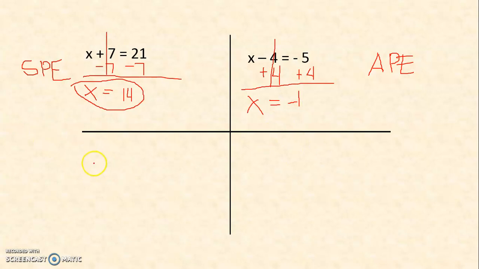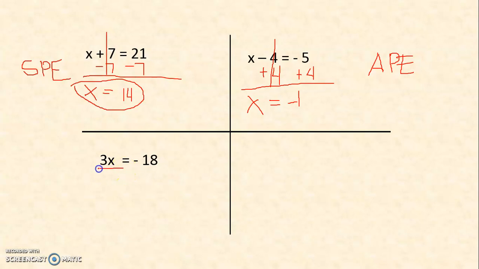The next one we have here, 3x equals negative 18. We're going to find the value of x, and x has a coefficient of 3. In solving equations, make sure that the coefficient of x is equal to 1. But here, the coefficient of x is 3. And how are we going to make it 1?